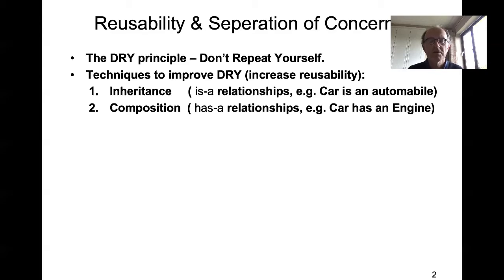The other approach, which you would be less familiar with, I'm thinking, is the composition approach. With composition, you're looking for has-a type relationships within your problem domain. Again, sticking with the same domain, a car has an engine.